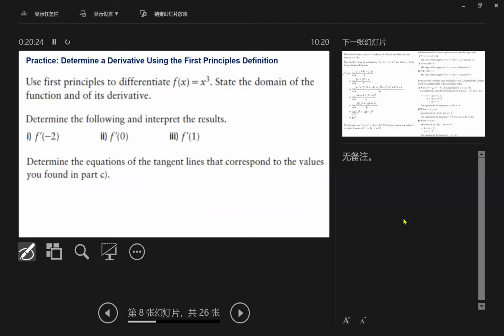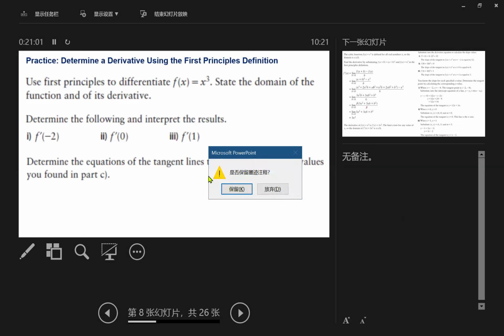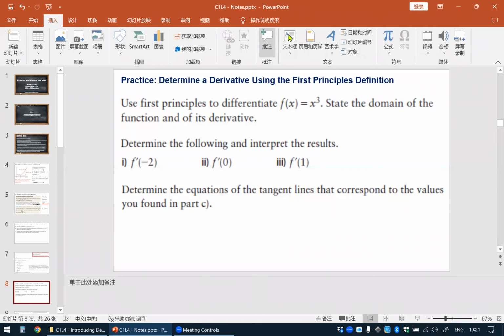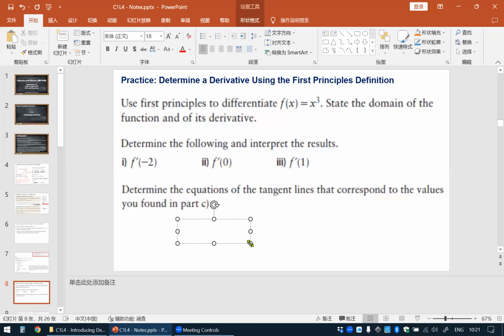Determine the equations of the tangent lines that correspond to the values you find in part C. Oh, this is actually not part C, it should be in the previous one.